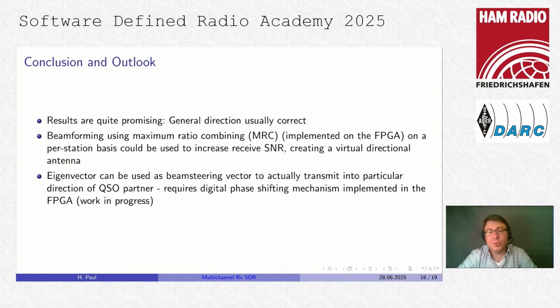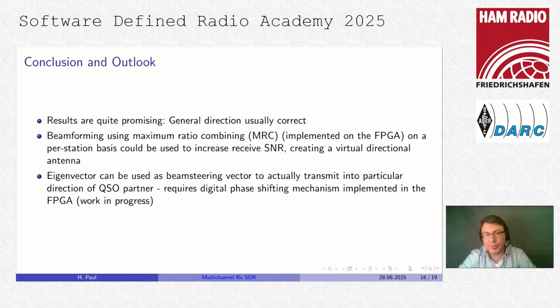What I didn't do yet was combining the signals into one virtual receive signal in order to increase the SNR, because you could now, for instance, add up the individual wave signals from the 4 antennas, correcting the phase according to the phase difference with which the signal arrived at my station, and then create a received signal which corresponds to what a virtual directional antenna would have received.